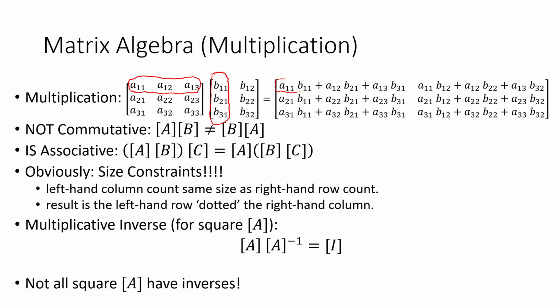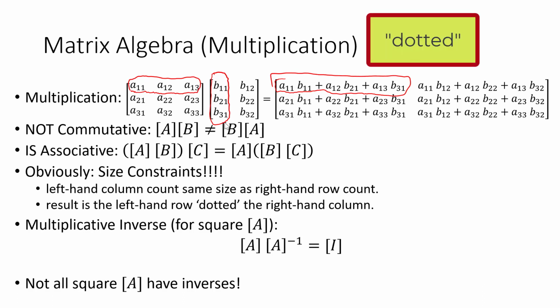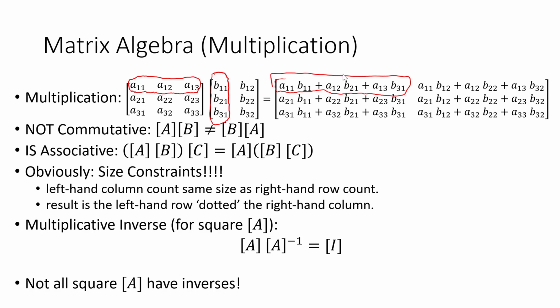And the result, first row, first column, is going to be A11 times B11 plus A12 times B21 plus A13 times B31, or as I say colloquially, the first row dotted into the first column gives the first row, first column result. Let's try a different combination.